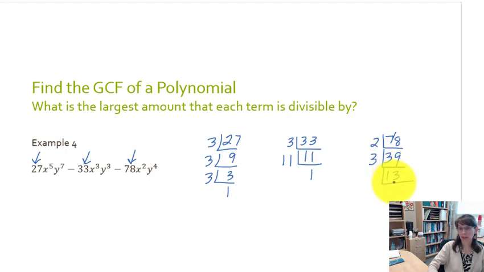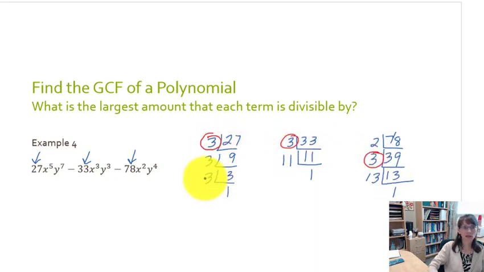Now we are left with 13, which is a prime number, so that can be divided by itself, leaving 1. Now we're ready to see if there are any numerical coefficients the same for all 3 of these coefficients. And I notice that 3 is found in each one of our coefficients.